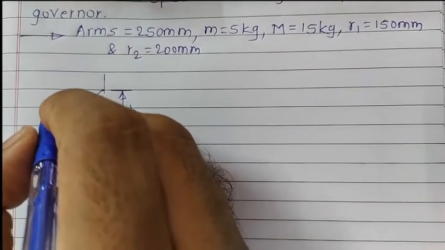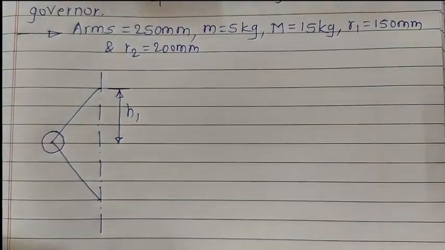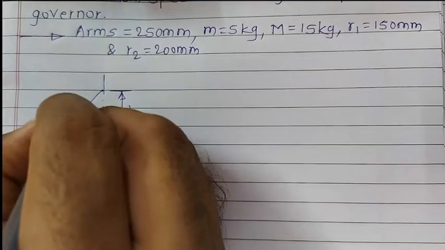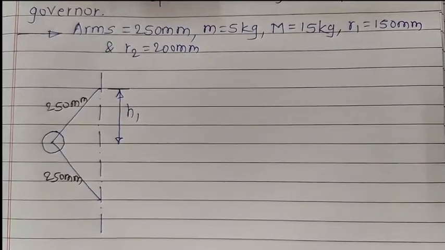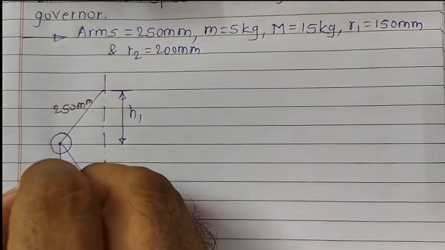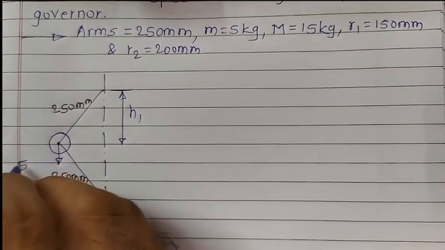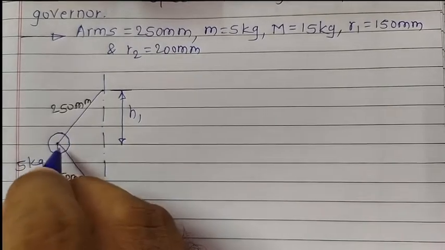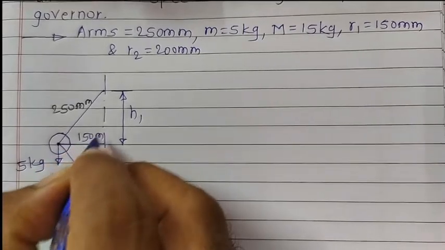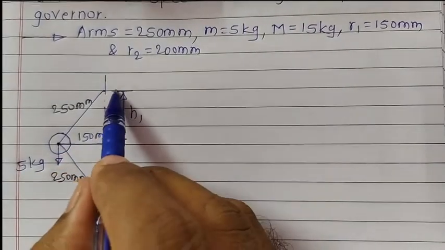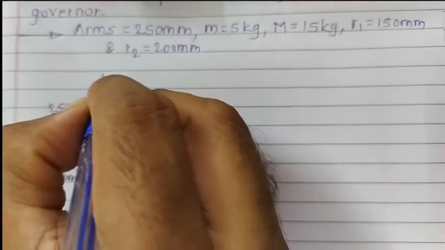The length of both arms, this arm and this arm, is given equal. Also the mass of the fly ball is given 5 kilogram, just mention here. The radius of rotation for the minimum position is 150 mm. This indicates the governor height. Give the names at various points.